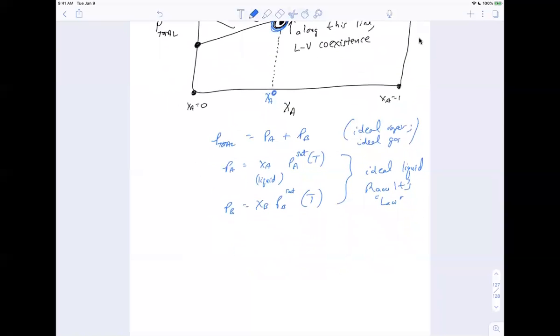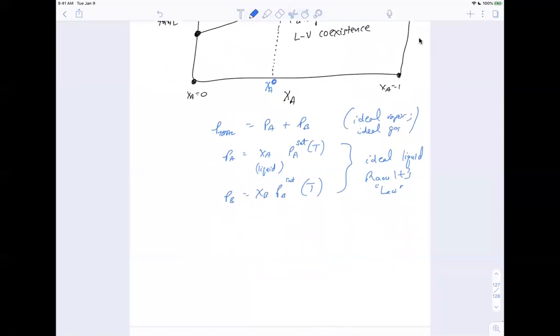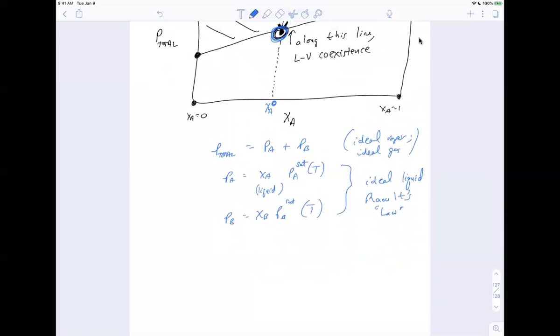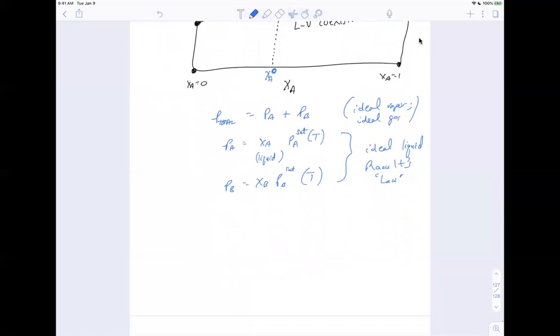Okay, very good. So now let's take a look at what happens for YA. And that's very simple. We can start with P total is equal to the partial pressure of A over Y sub A, because we know that P sub A, this is for ideal gases.